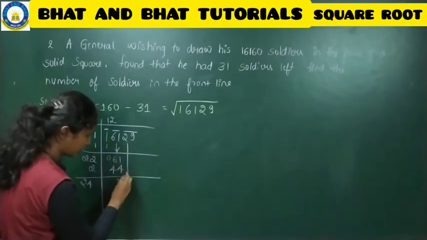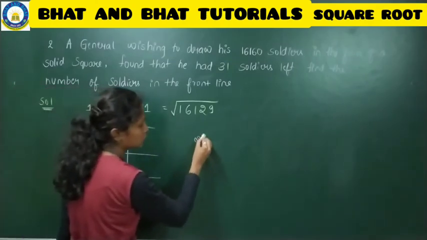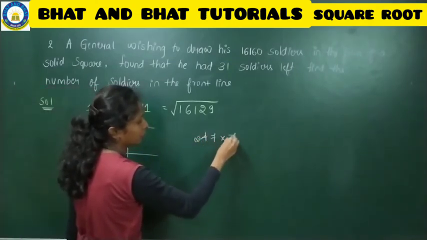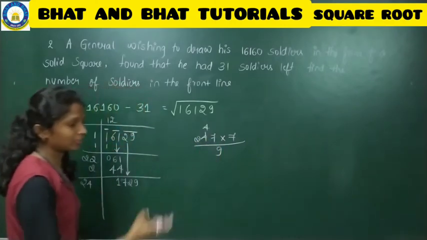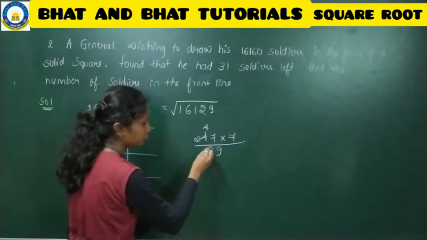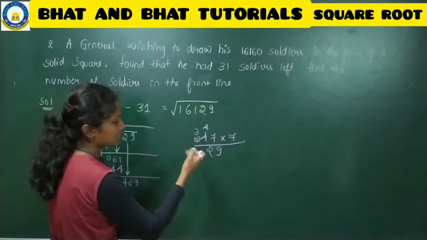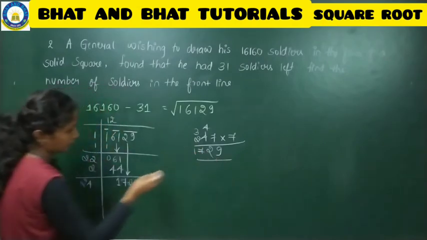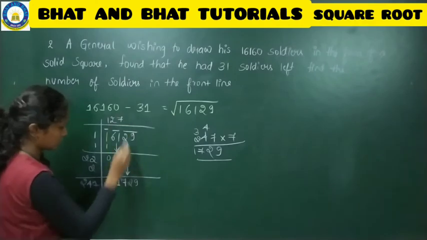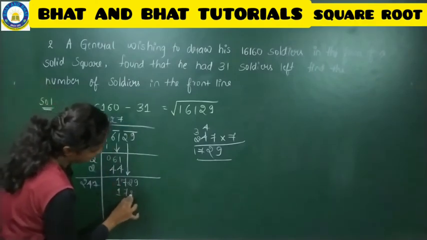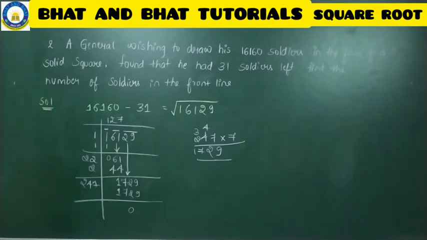Now we take down 29, and 247 into 7: 7 7s are 49, 7 4s are 28, 7 2s are 14, so 1729, and the remainder is 0.